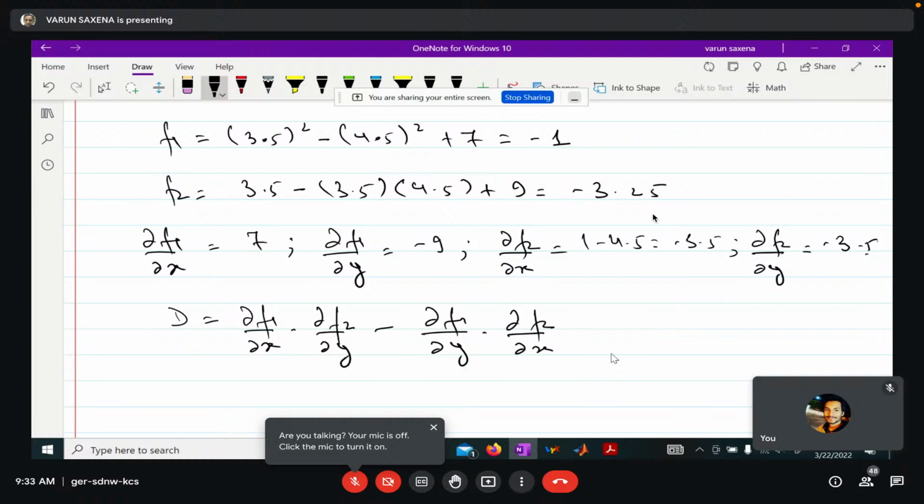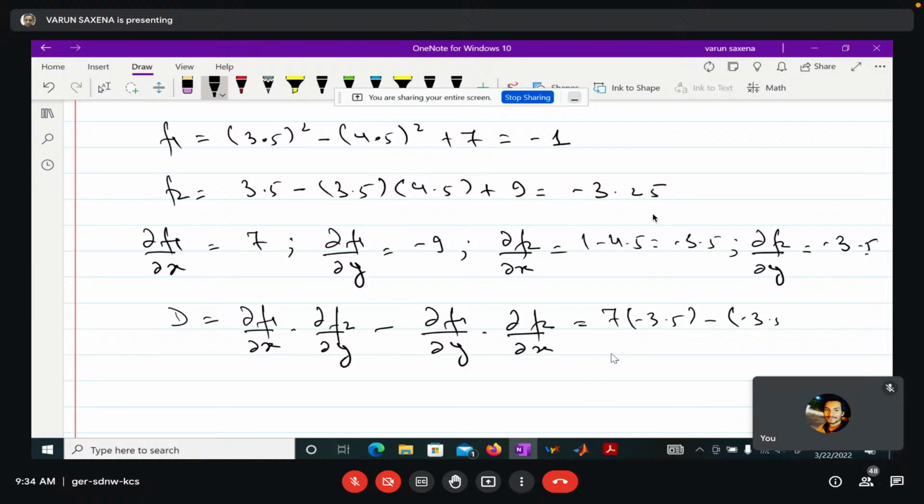So this value comes out to be 7 into minus 3.5 minus 3.5 into minus 2. So what is this value?